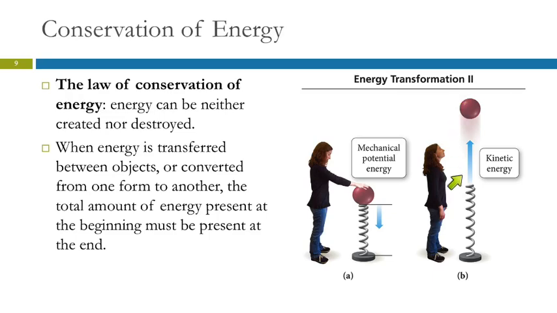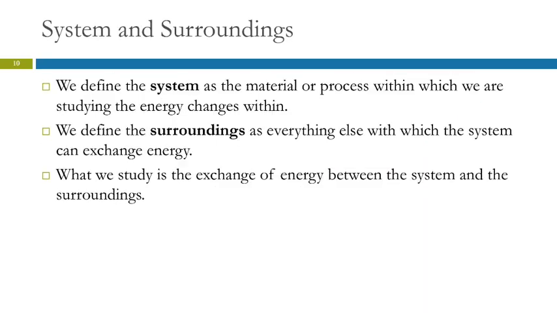As the ball goes up, it slows down, but it's higher above the floor. Its potential energy is increasing as its kinetic energy decreases, and then it'll get to the peak and then fall back down. So energy is constantly transforming and being transferred between objects. We just don't even recognize it.